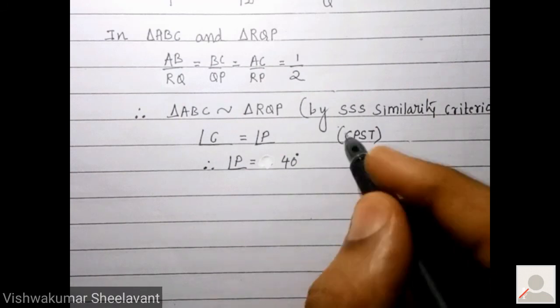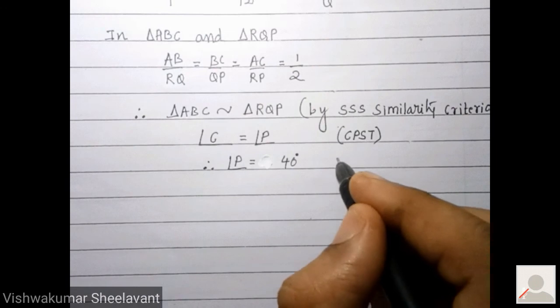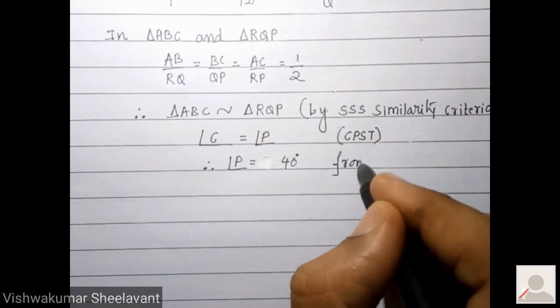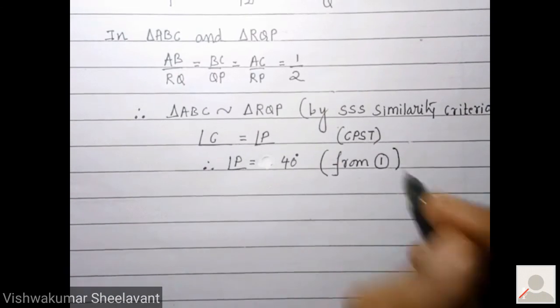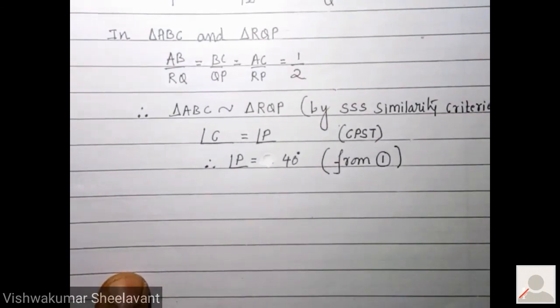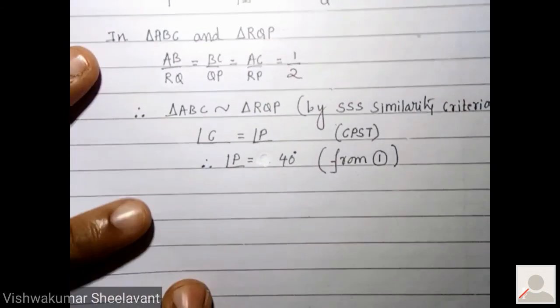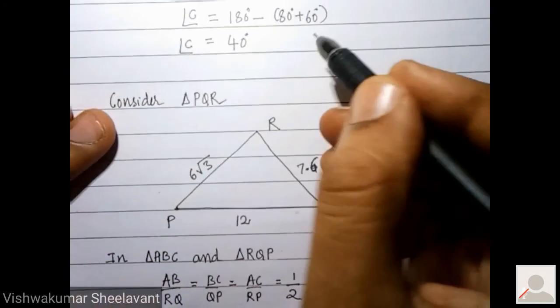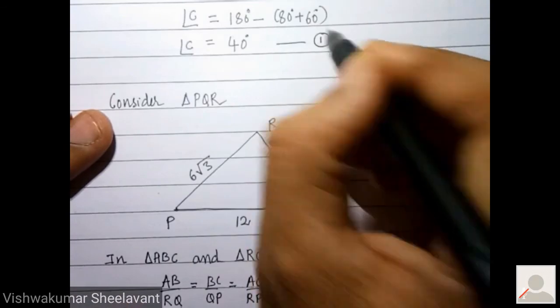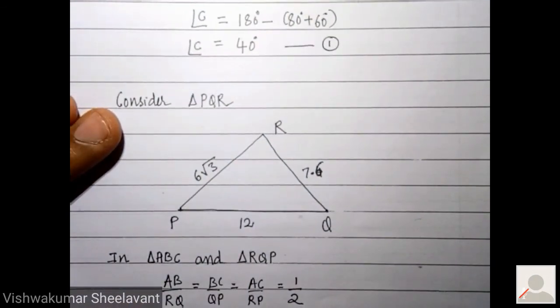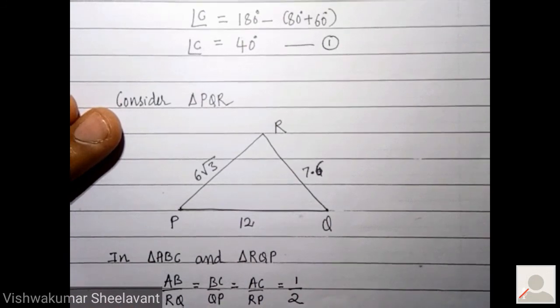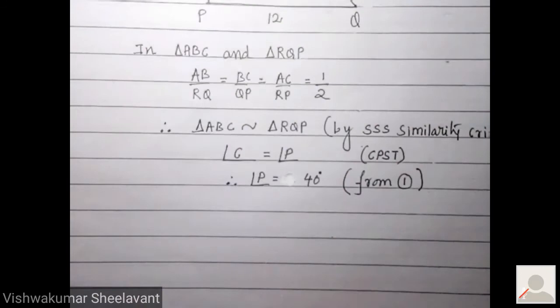Here to write, number this as 1 here. Angle C equal to 40 degree. I hope you all have written this.